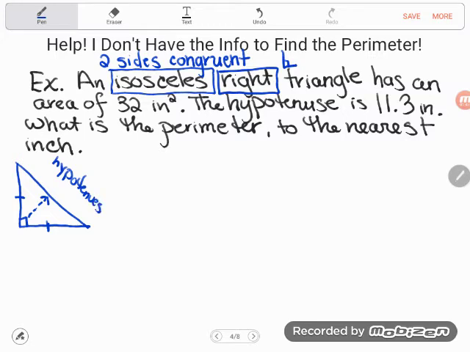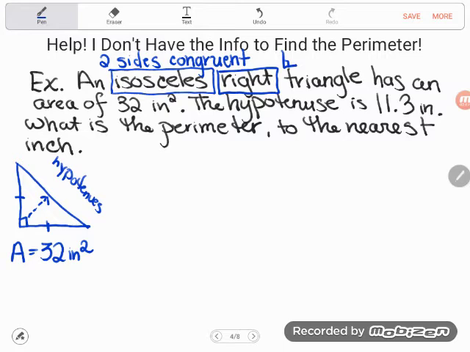So if we're looking at an isosceles right triangle, I know that these two legs, the two sides around the right angle, are going to be congruent. They're going to be the same length, okay? Now, I know another thing about my triangle. I know its area. The area is equal to 32 square inches.